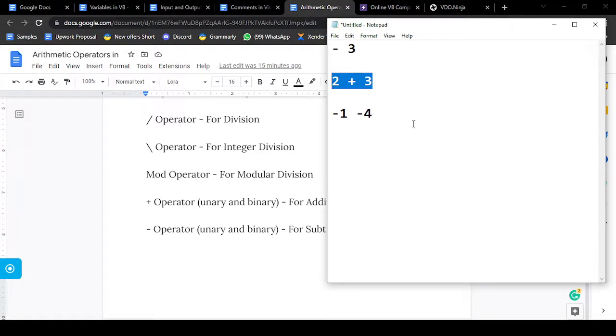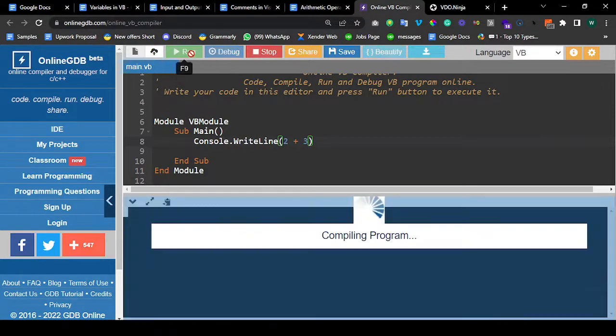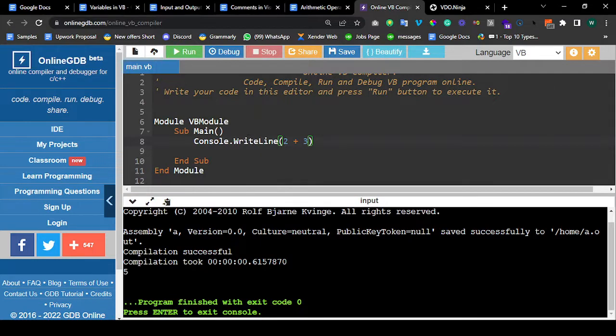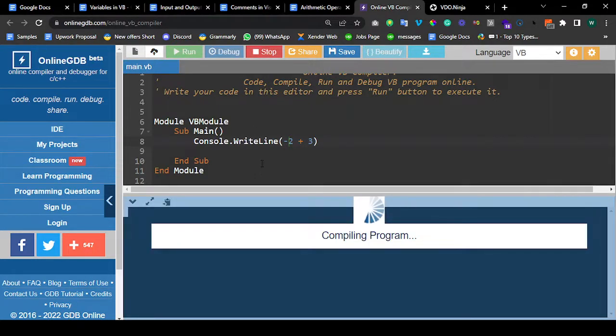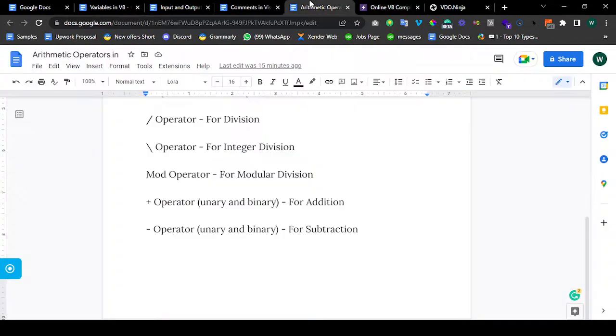So don't let us spend too much time doing this. Let's just run this. Okay, you see 2 plus 3 is 5. If I put a minus at the beginning of 2 and I run it, you see it's giving me 1. Minus 2 plus 3 is giving me 1.